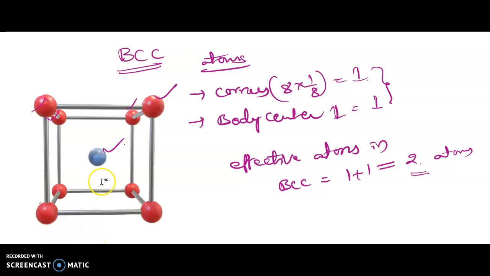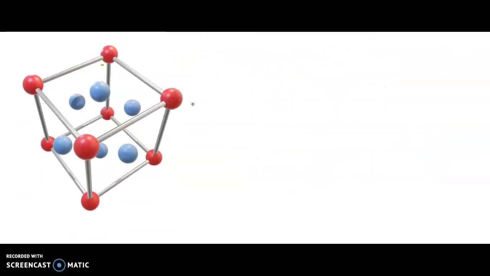In the BCC we have to remember atoms are present at corners and body center.